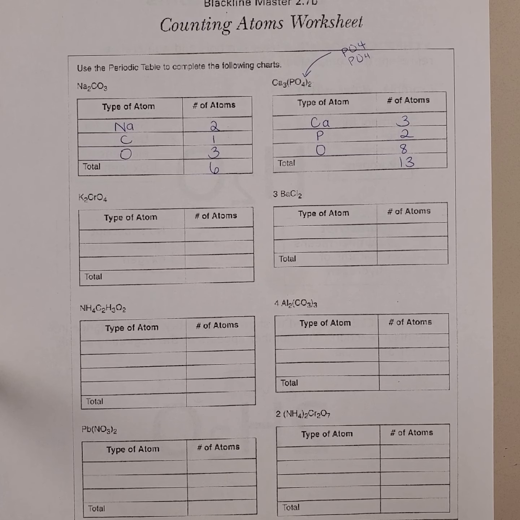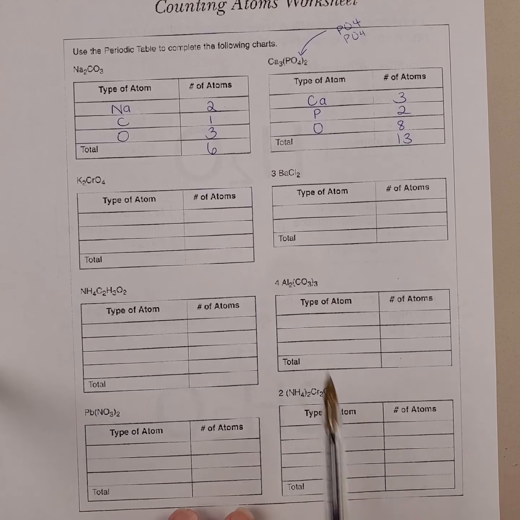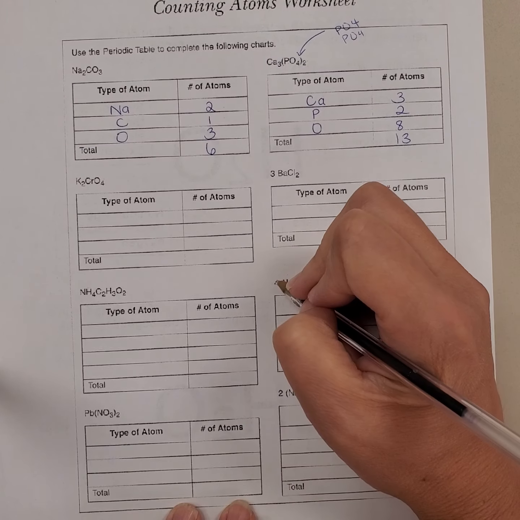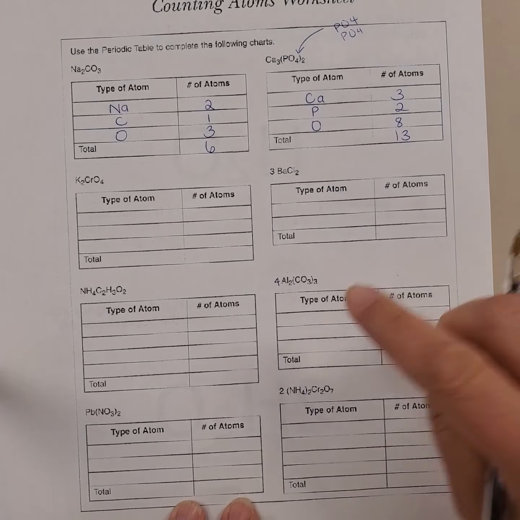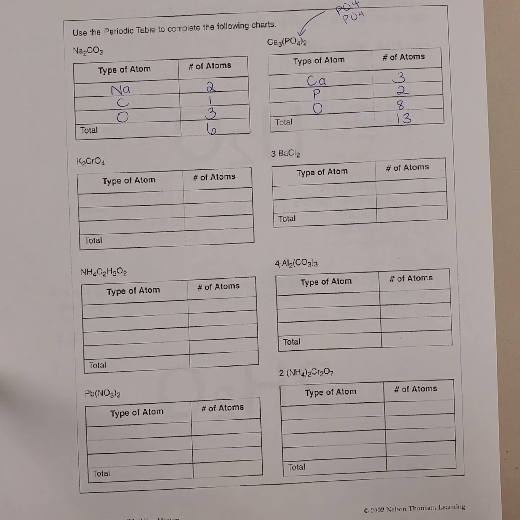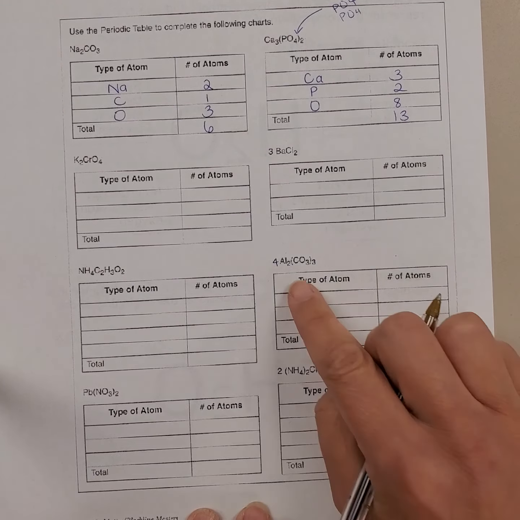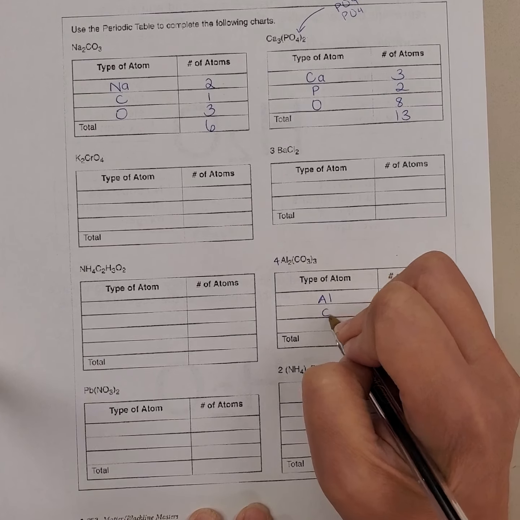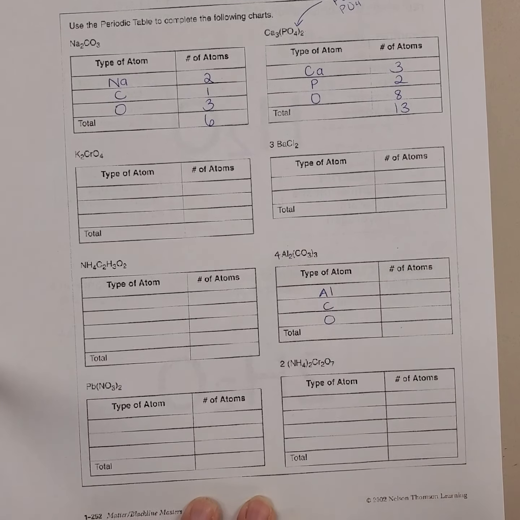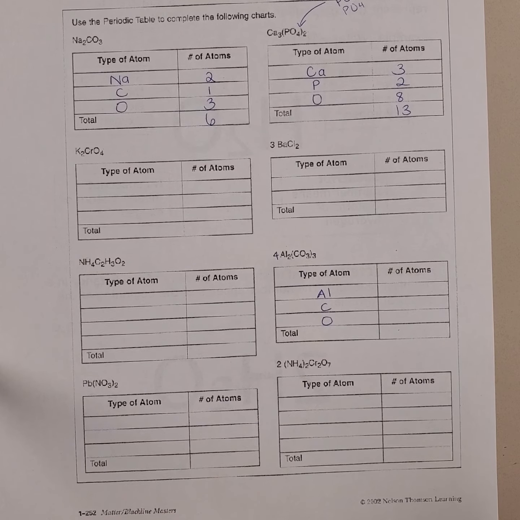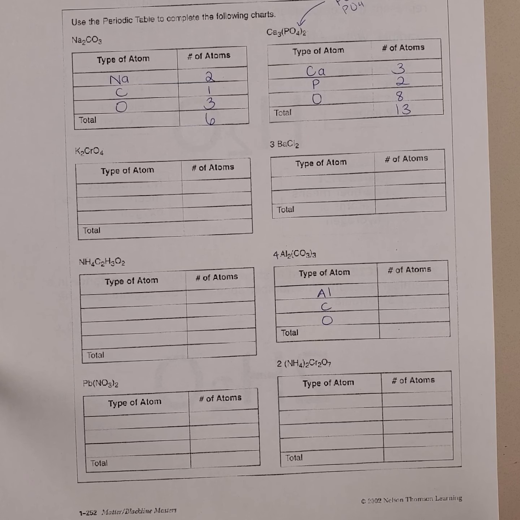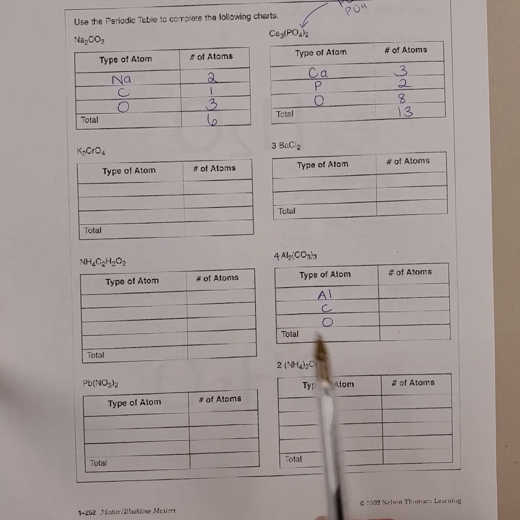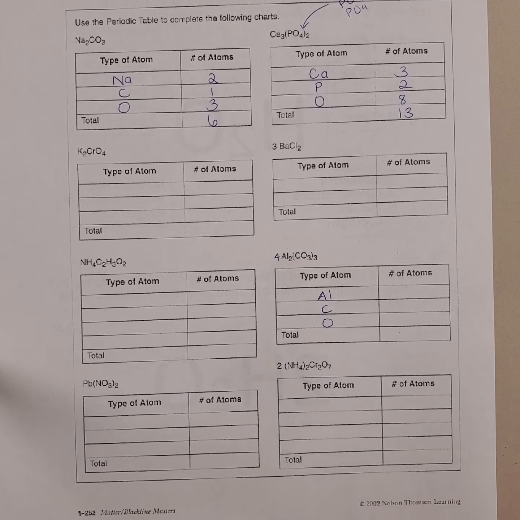Okay, let's try an example where you have some subscripts and you have a coefficient. We're going to do this one together and then you can do the rest on your own. Step 1, I'm going to write down what I have. I have aluminum, carbon, and oxygen as the elements in my compound. When you have a coefficient at the beginning, I suggest you multiply by it at the end.